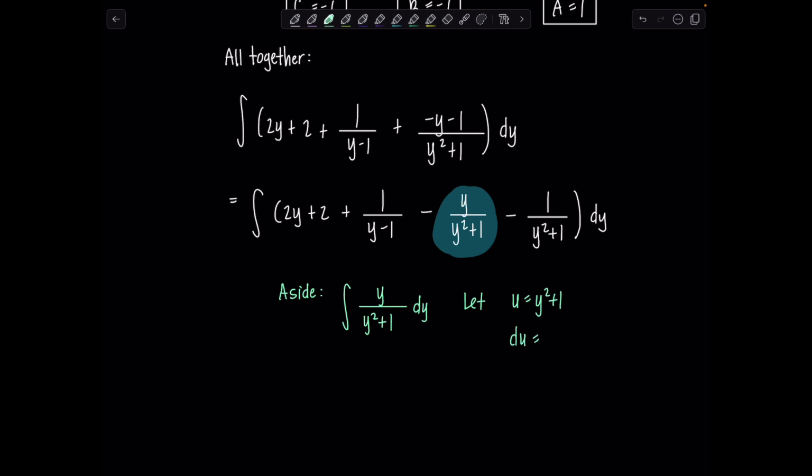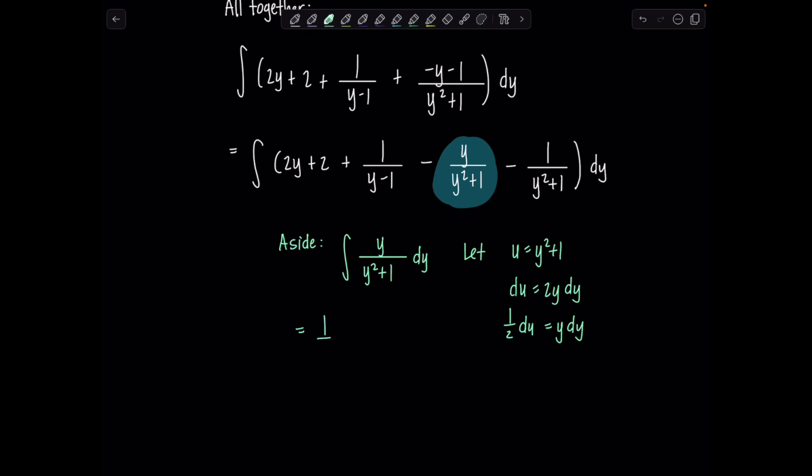Then du is 2y dy. So 1/2 du is y dy. And then we're going to end up with 1/2 integral du over u, which is 1/2 ln absolute value of u. I'm going to say plus k because I want to save c for the very end.